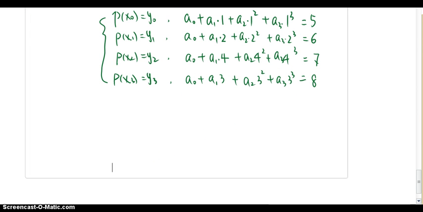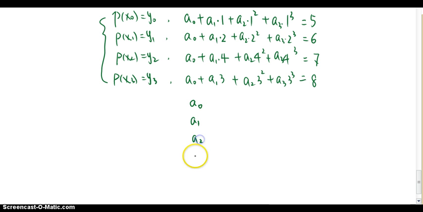Well, let's see. Now I'm going to write this linear system in matrix form. Matrix form means I put the unknowns here, a0, a1, a2, and a3, and I put the matrix in front of it. So the matrix will be 1, 1, 1 squared, 1 cubed. So that's from the first equation.